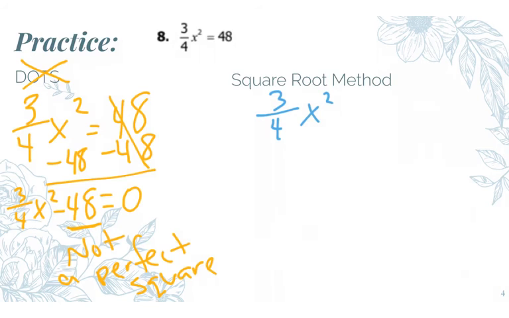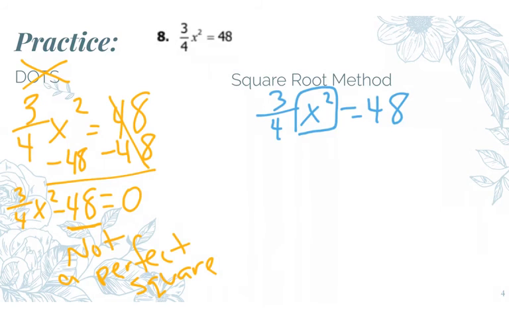3/4 x squared equals 48. Now, if you notice, there's no parentheses on this side, right? My only term that is being squared is this x squared. So I've got to figure out how to get that 3/4 to the other side.